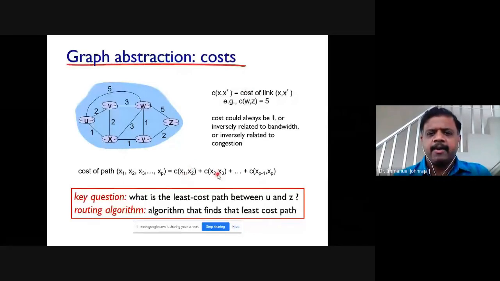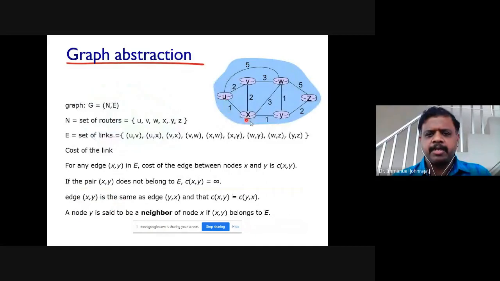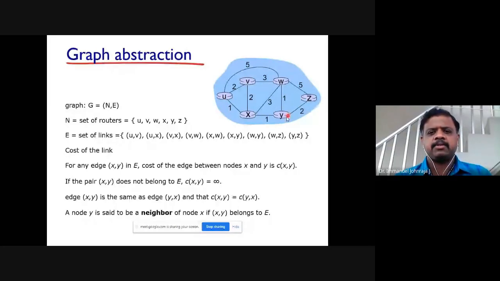For instance, from U to Y a path exists: U to X, X to Y. The cost of the path is the summation of the costs of the edges, so it is 1 plus 1, that is 2. 2 is the cost of the path between U and Y. If I take this route to Z, then the cost of the path from U to Z is 4. If I take this route, U to W, W to Z, 5 plus 5, that is 10.